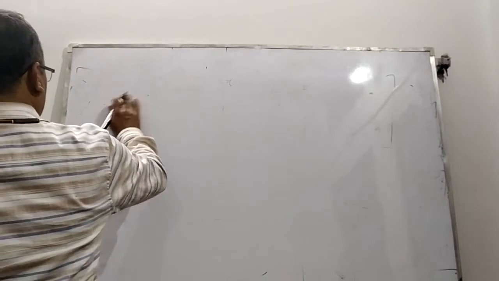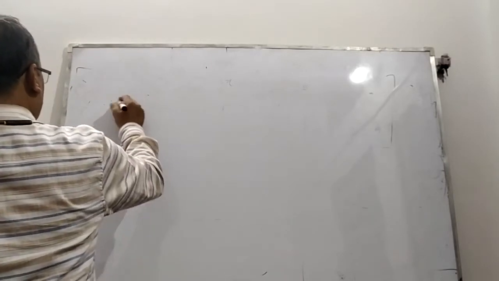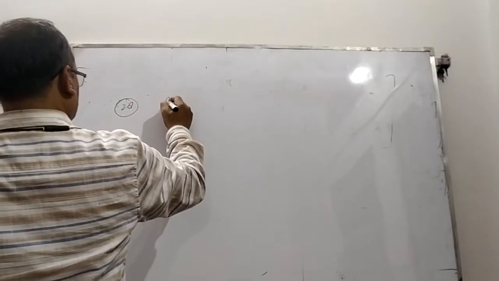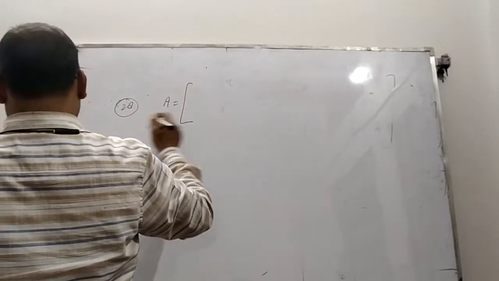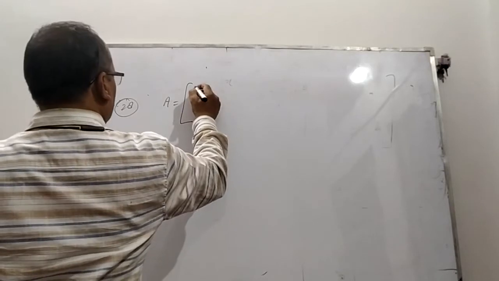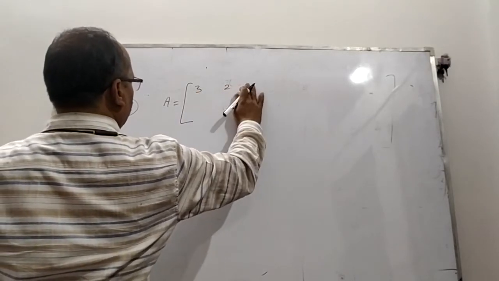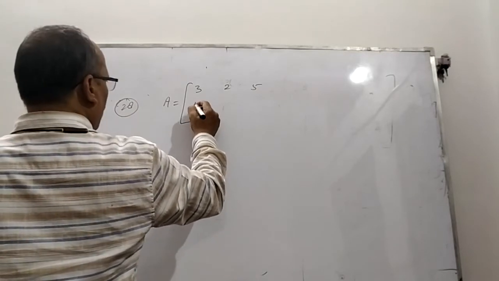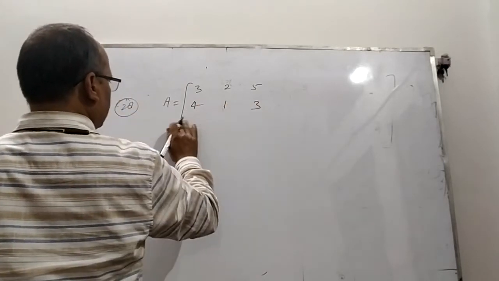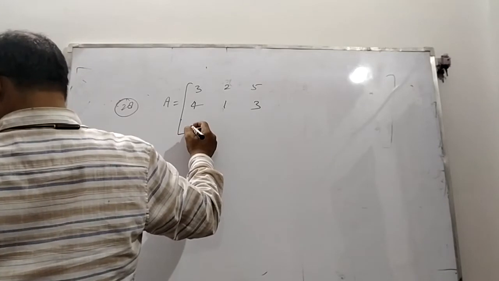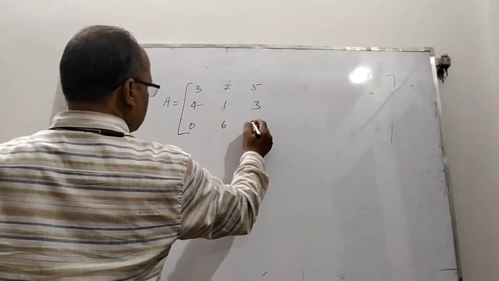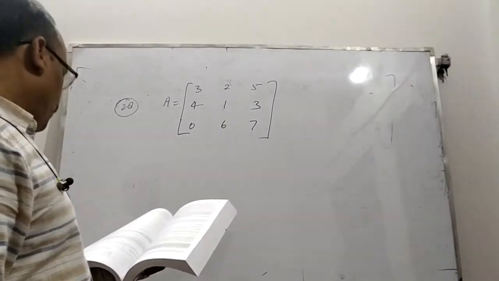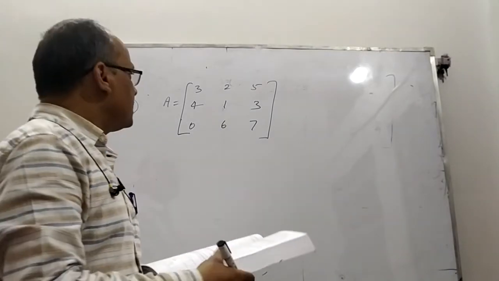Now you will see question number 28. This is the third order. A matrix is given: 3 2 5, 4 1 3, 0 6 7.